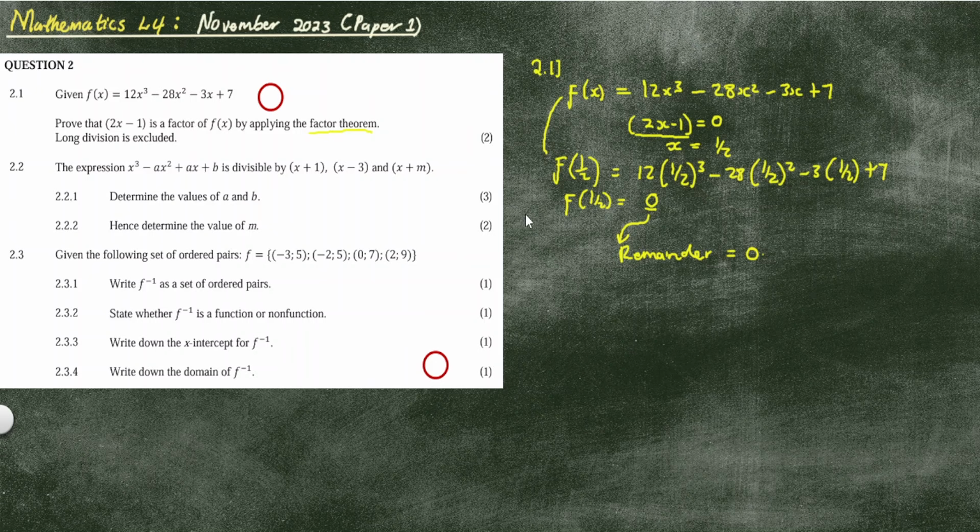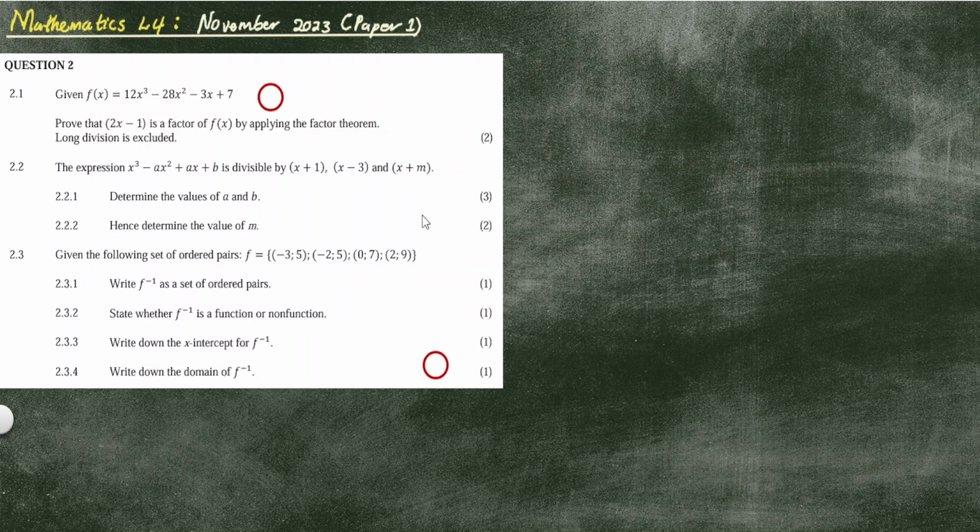Perhaps let me hide it instead of erasing. So 2.2, we are given the expression x cubed minus ax squared plus ax plus b. They are saying this cubic expression is divisible by x plus 1, x minus 3, and x plus m.